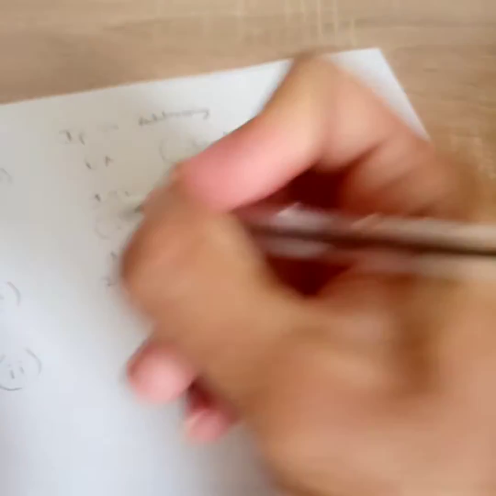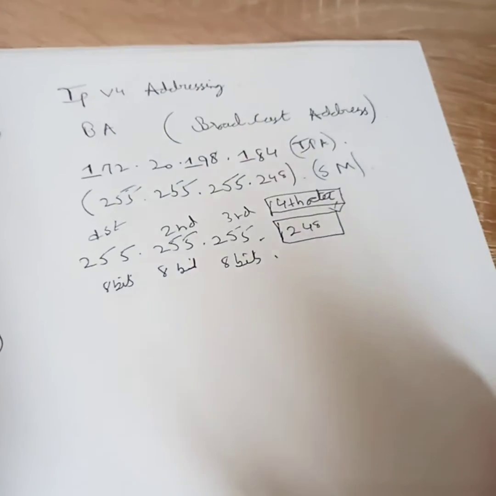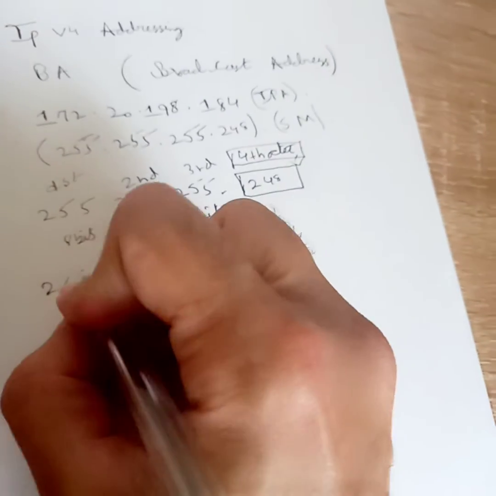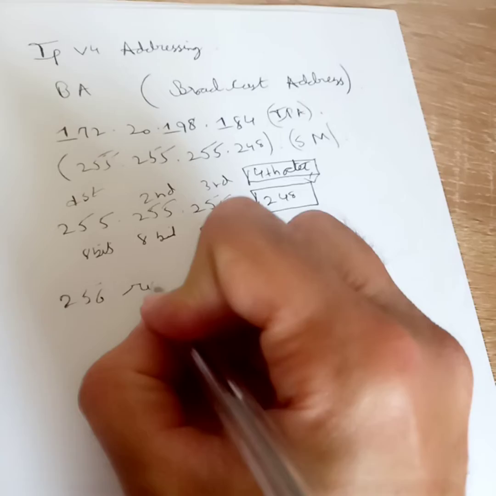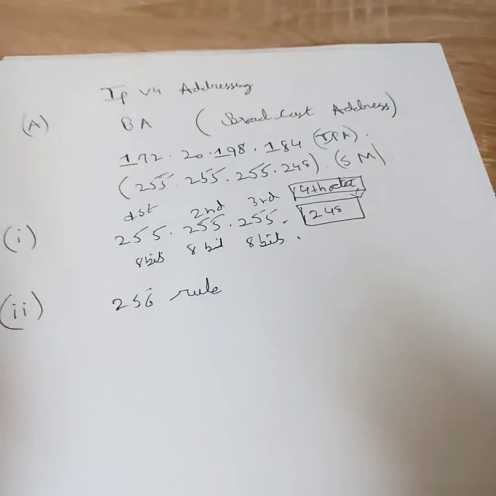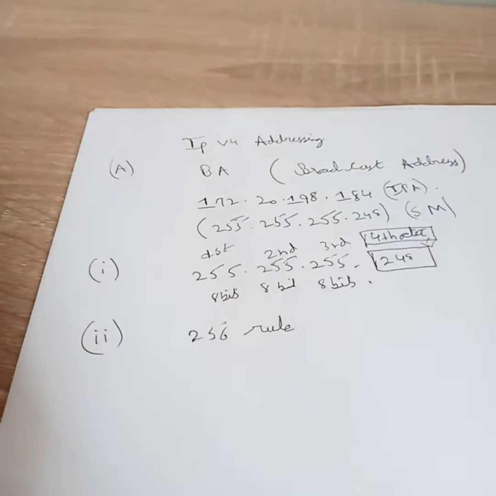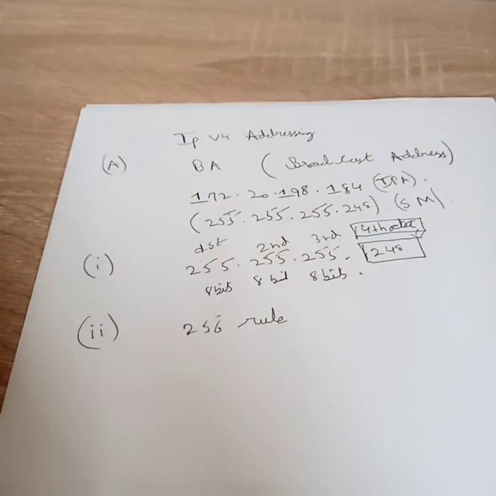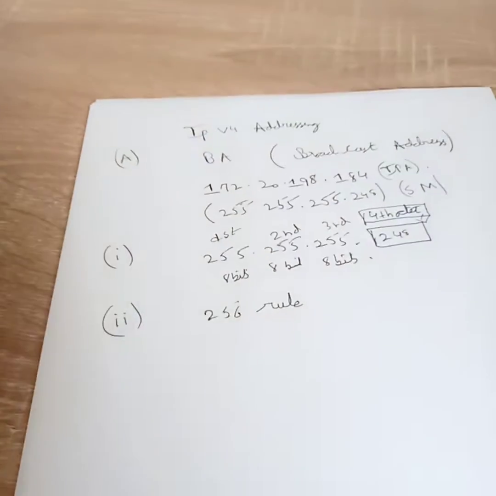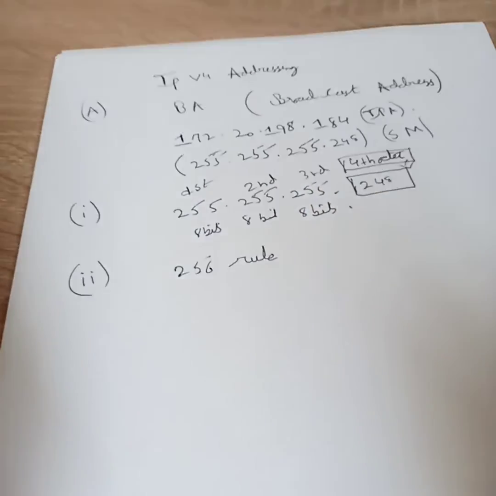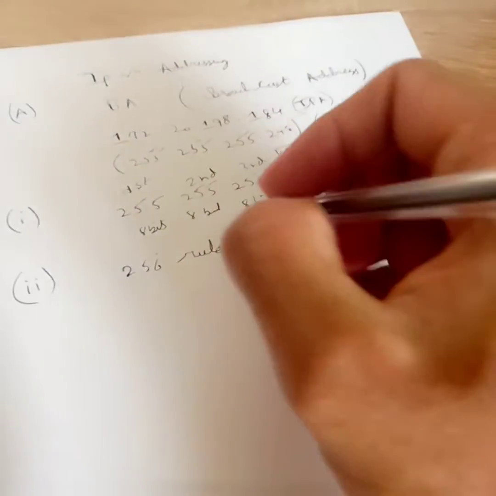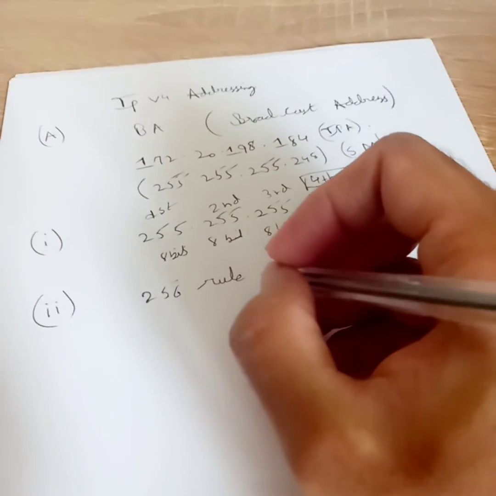Now I will apply the 256 rule. If anyone doesn't know the 256 rule, please go back and see my videos a few times so that you understand that we use this quite a lot in IPv4 addressing.